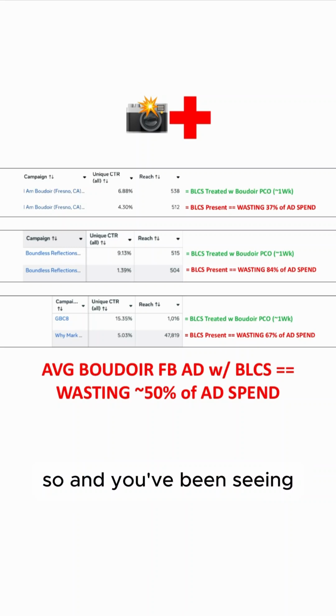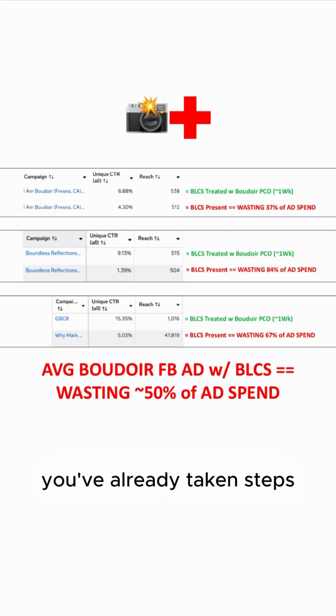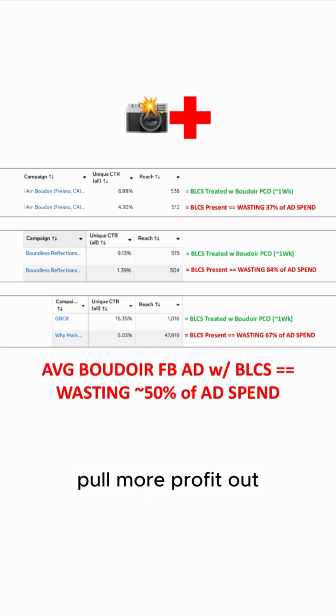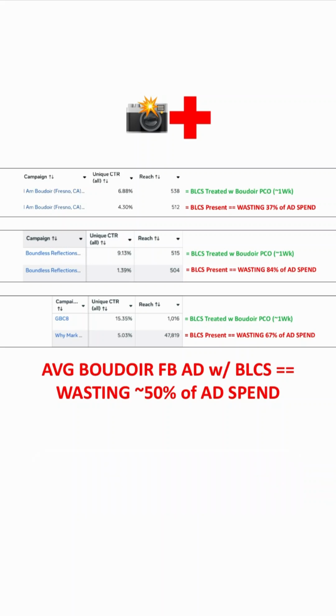And you've been seeing inflation, the cost of living going up. So you've already taken steps to optimize other parts of your business, pull more profit out, to still be successful.